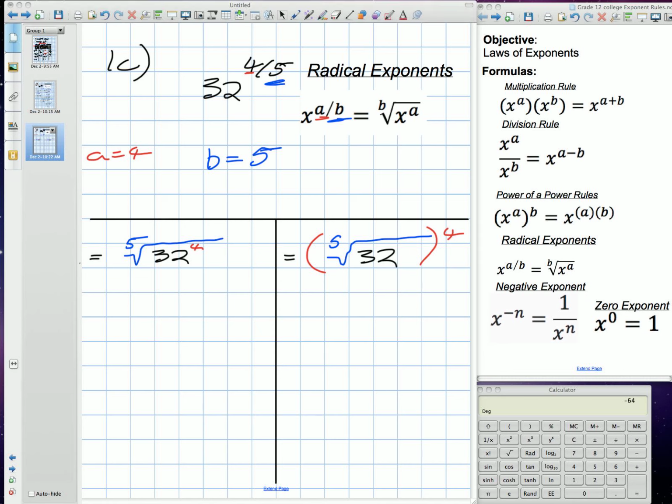I'm going to do the one on the right first, where we have the 5th root of 32. Does anyone know what number multiplied by itself 5 times would equal 32? You guys just guessing? Try it in a calculator. Try writing it out.